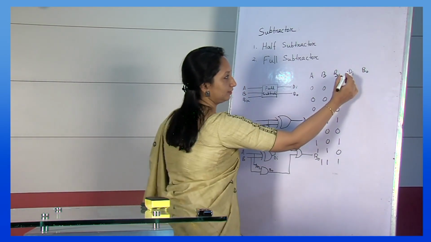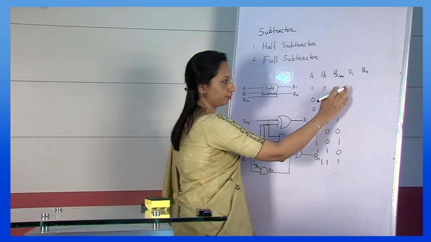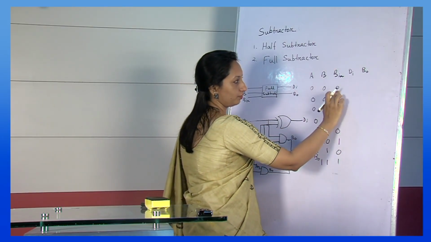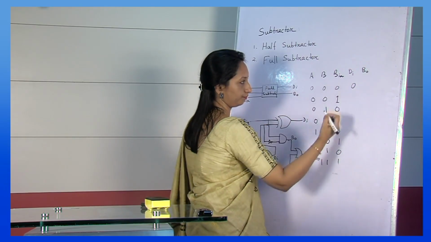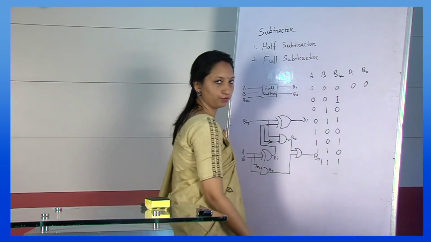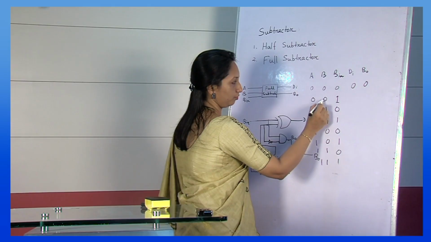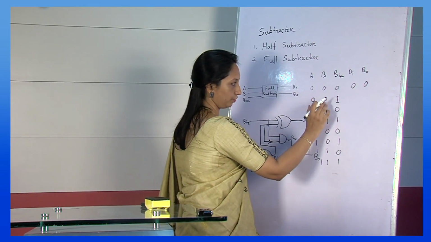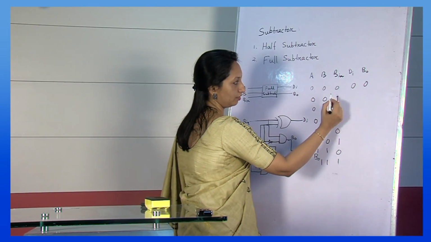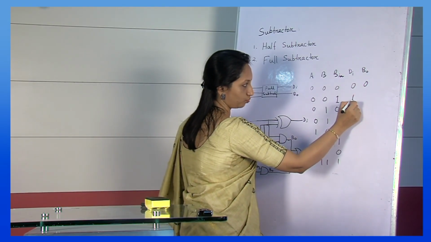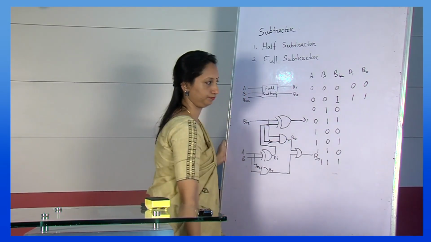Now let us see the difference and borrow outputs. First, all are 0, so difference is 0. There is no borrow, so borrow is 0. Next, 0 minus 0 minus 1: here difference is 1, borrow is 1.